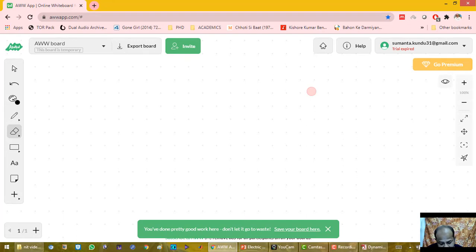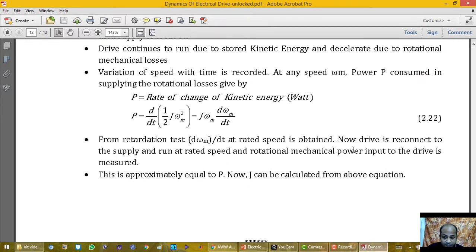And in that context we have also discussed that the rotational mechanical loss and core loss are lumped together. They are a summation. We cannot separate these two, so we cannot get the exact value of rotational loss. That's why we said this mechanical power input is approximately equal to P.